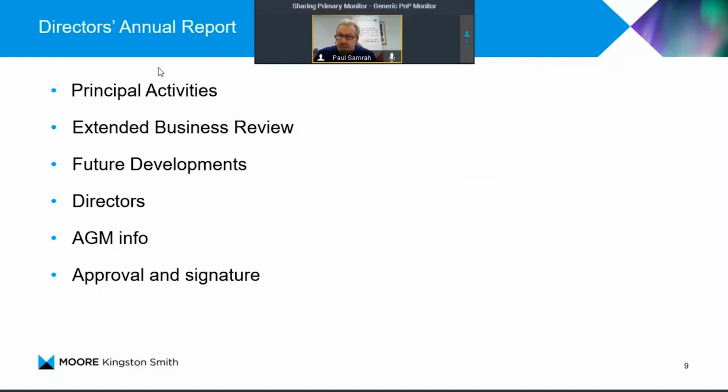The director's annual report will also state who the directors are and whether there have been any resignations or appointments during the year. A note of the date of the AGM, the annual general meeting, and of course the director's report will be approved and signed and dated by the directors, along with the other pages in the accounts as necessary.